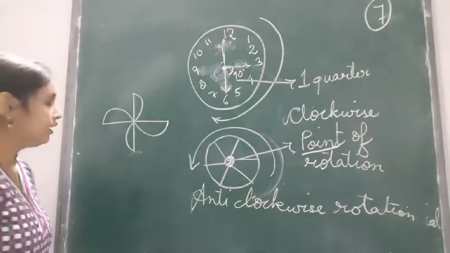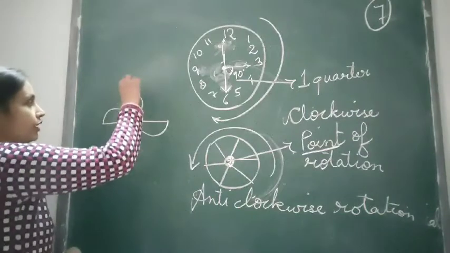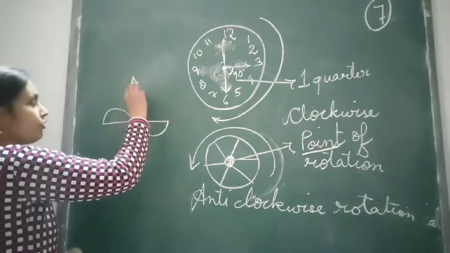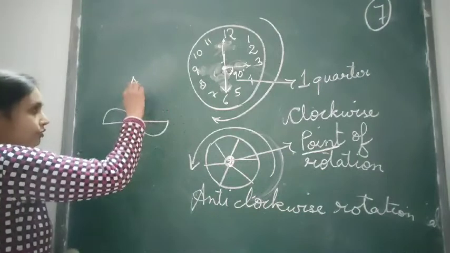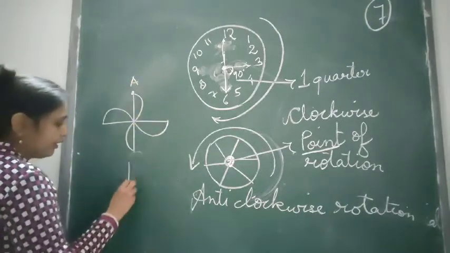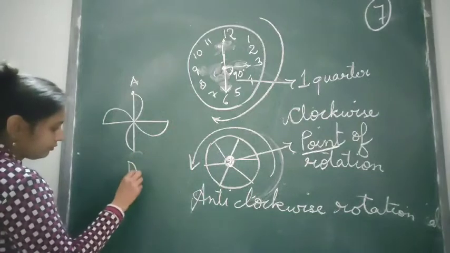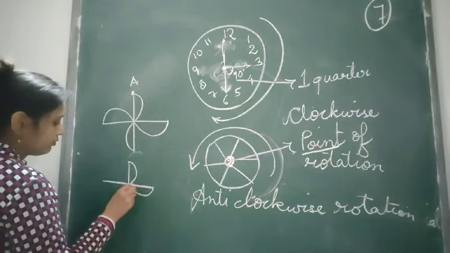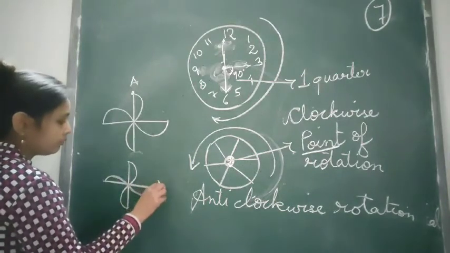But still, suppose you mark this as point A. Now if you shift this by 1 quarter, then your A reaches here.